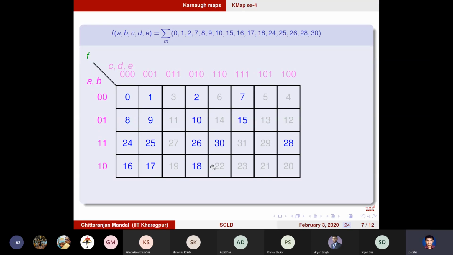Can you tell me quickly what are the cubes that I can form in this diagram? Just name the cubes. The initial block: 0, 1, 8, 9, 24, 25, 16, 17. That's one definitely. Anything else? 2, 10, 26, 18.